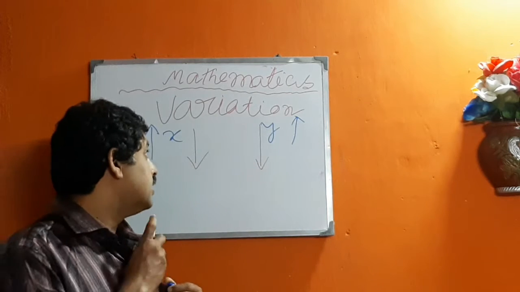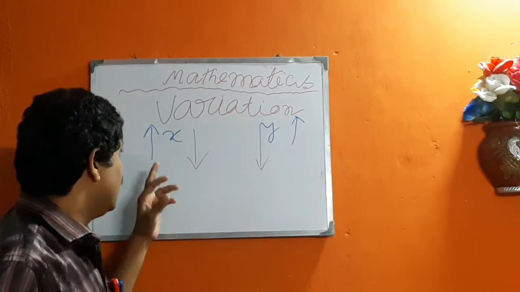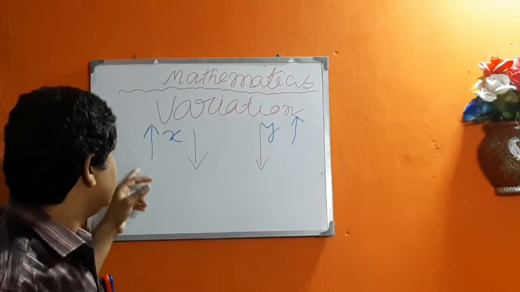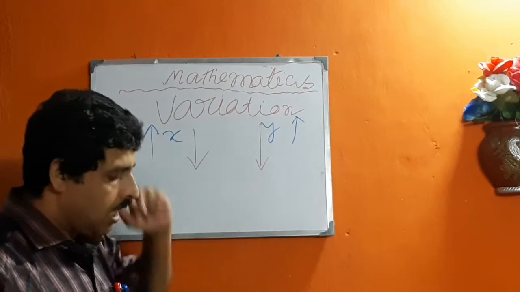So two quantities are in variation when there is a change in the one causing a change in the other.